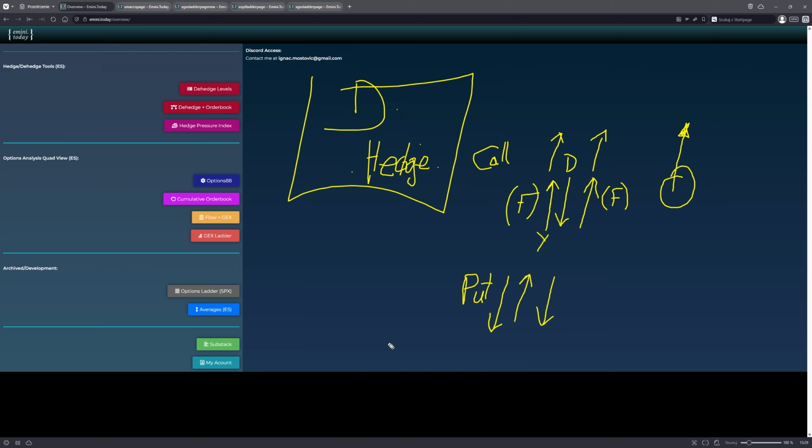So whenever they hedge, they have this impact on the market, which will increase the flow of the orders that they are handling.